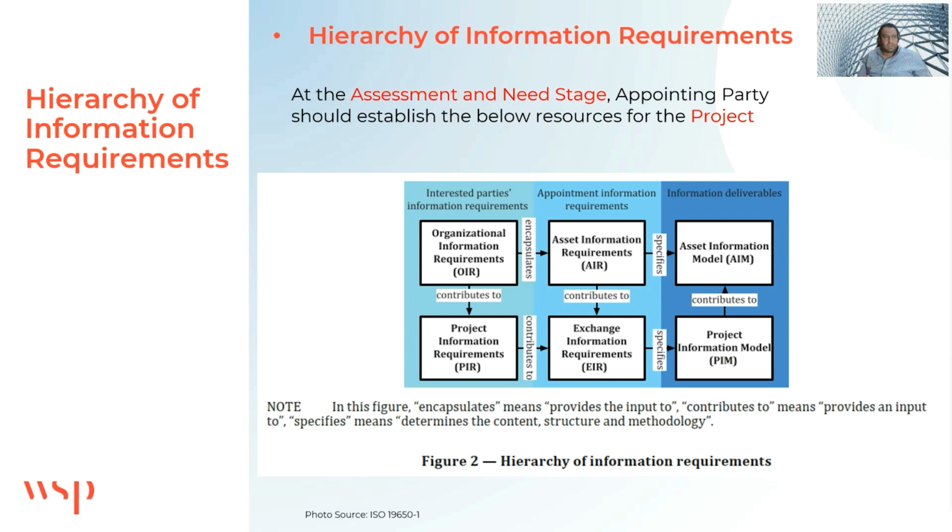So it represents the design model, the construction model, and then it's converted or transformed into an asset information model or contributes to an asset information model that's submitted at handover stage. And when we start moving from the project information model into the asset information model, we should look into the asset information requirements and ensure that this final asset information model complies with them.